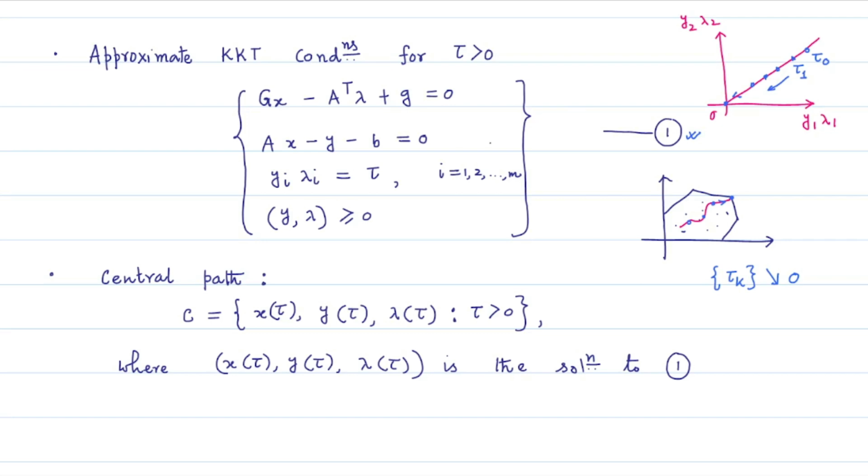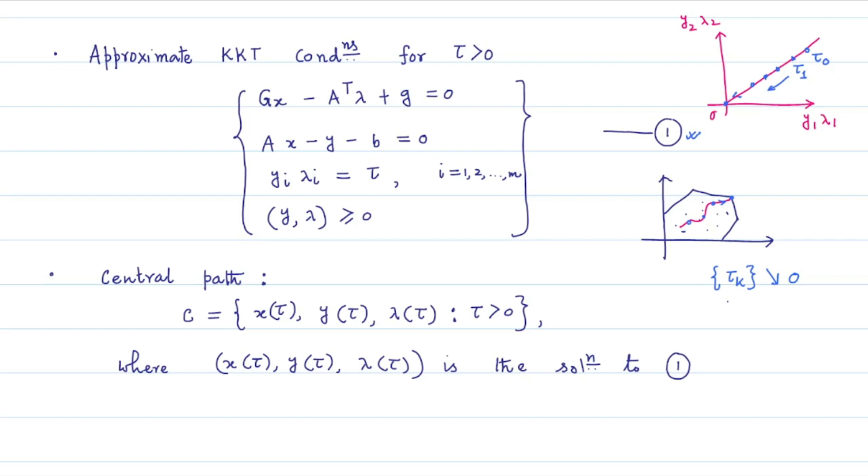But then you might ask, what method am I going to employ for solving these approximate KKT conditions for different values of tau? Am I not going to use Newton's method to solve it? Yes, actually we are going to use Newton's method, but we will not directly solve this system for every value of tau.